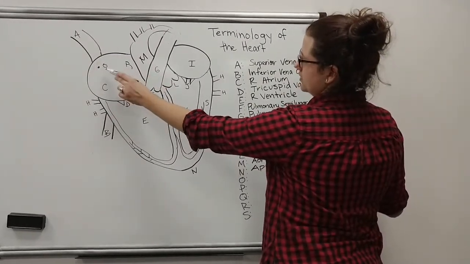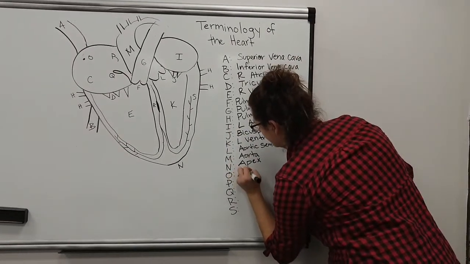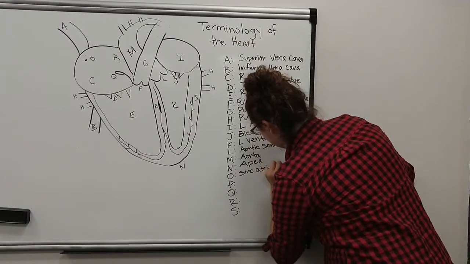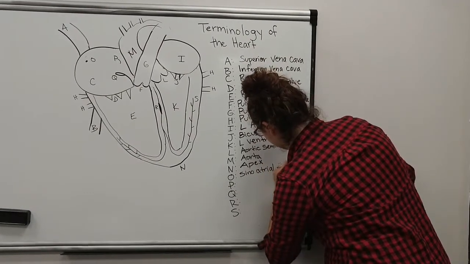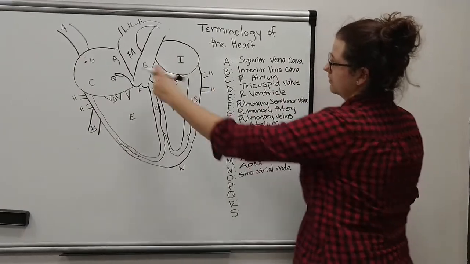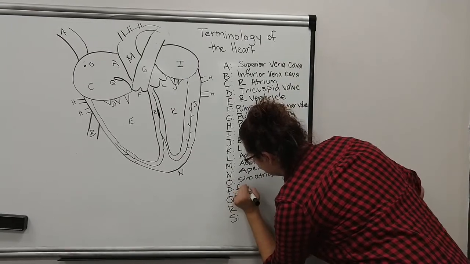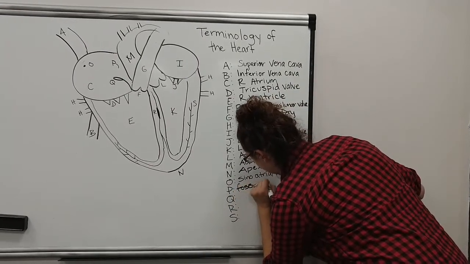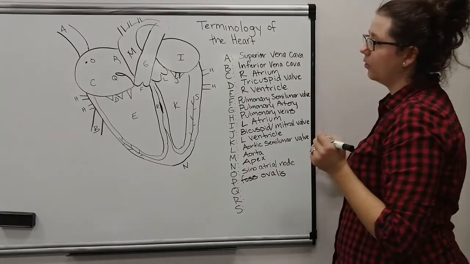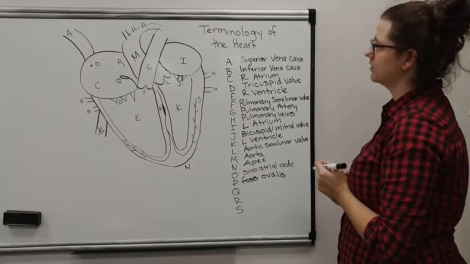O is the first term for the electroconductivity, which is the sinoatrial node. P, right here, stands for the fossa ovalis, which used to be a hole within our heart connecting our atria that closes before birth.